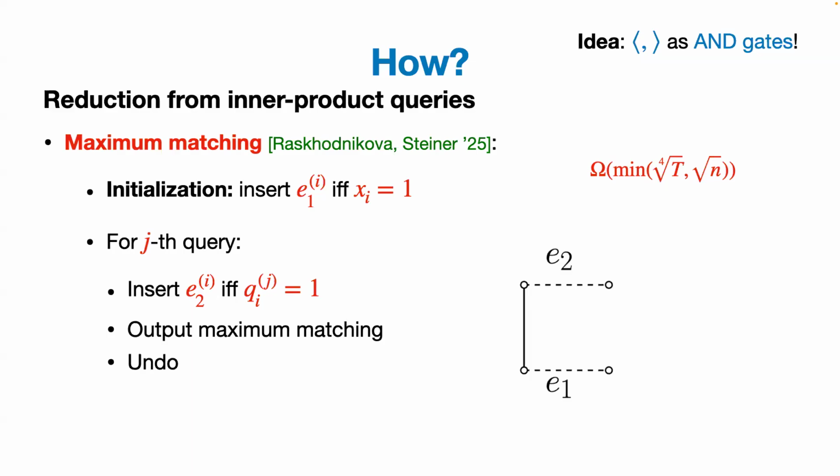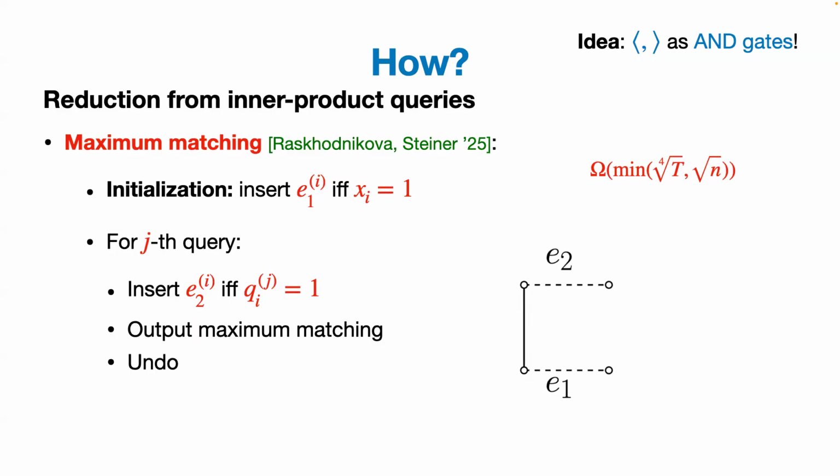And the edge E1, we only add it if the private bit is 1. And the edge E2, we only add it if the query bit is 1. So now this graph, if both of these edges are present in the graph, the size of the maximum matching is 2. But in any other case, the size of the maximum matching will be exactly 1.